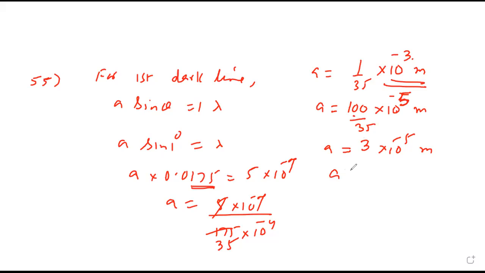For A equals 3 into 10 raised to minus 2 millimeter, which is 0.03. Now check which is closest. Option C is the answer.